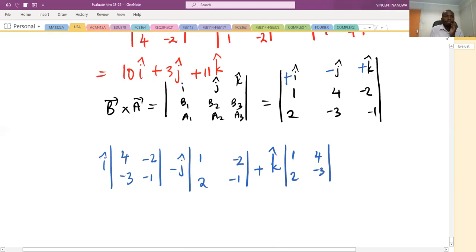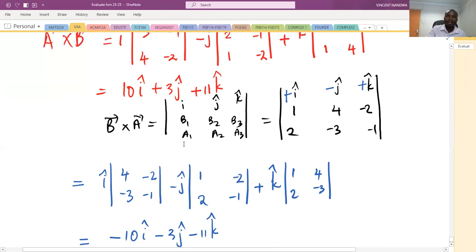So here will be minus 4 minus 6, that is minus 10i, minus 1 plus 4, that's positive 3j, and then minus 3 minus 8, minus 11k. I hope you can see that this is the negative of the other, as expected from the definition.